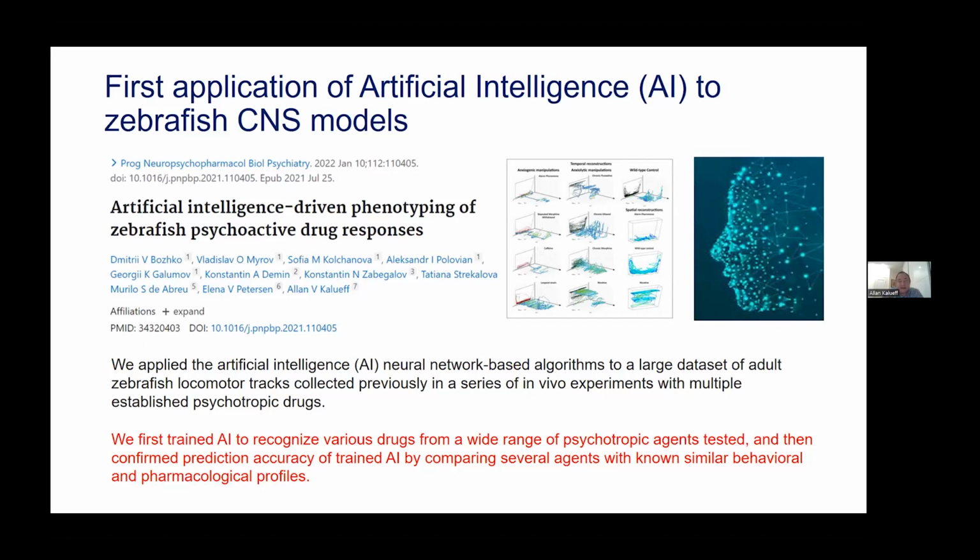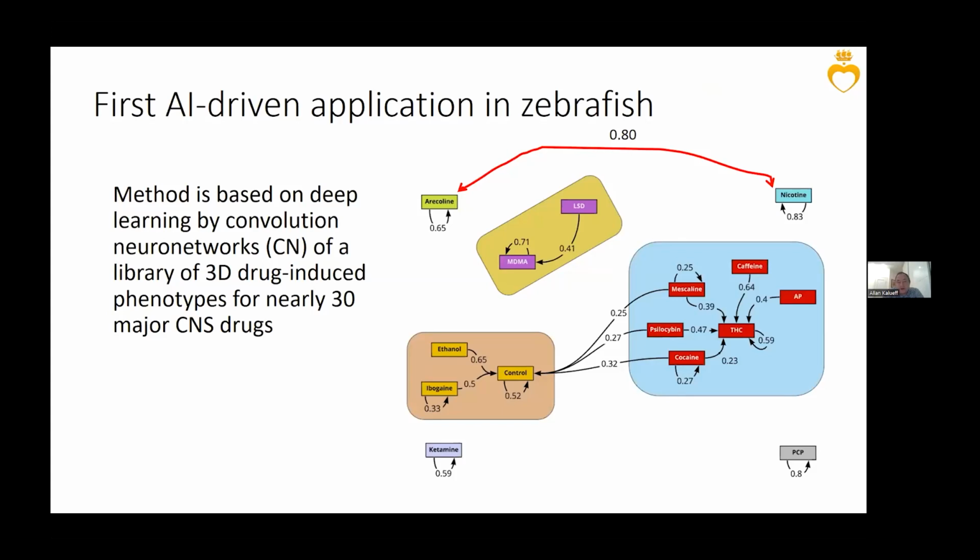Now, here's an example of how that works. So after training of our network using a library of nearly 30 major neuroactive drugs, we found that the artificial network can distinguish and can cluster different drugs based on their chemistry.